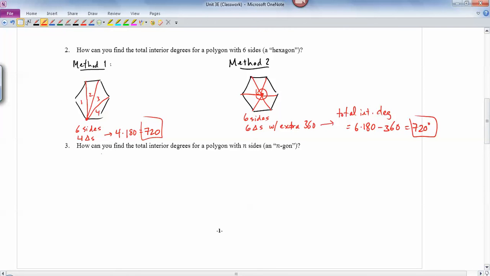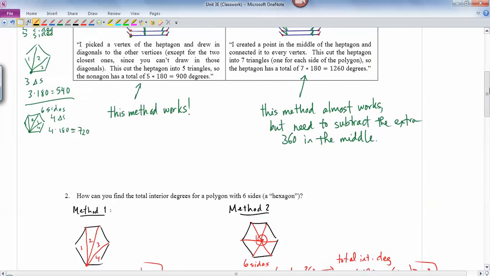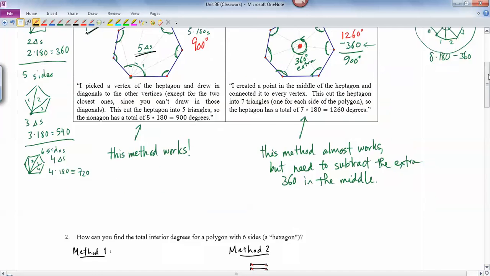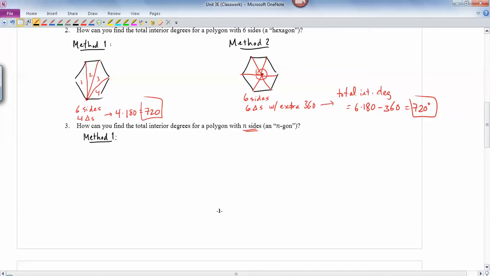Okay, so what about total interior degrees for a polygon with n sides? Alright, so if we did method 1, if it has n sides, in this case n was 6, up here we did several other ones, like this one's 7 sides, 5 triangles. If we had 100 sides, it'd be 98 triangles.